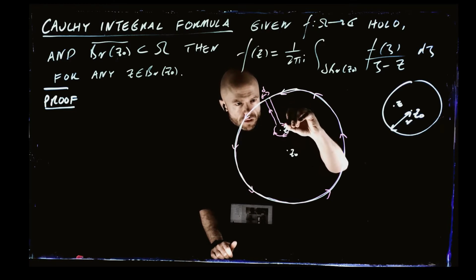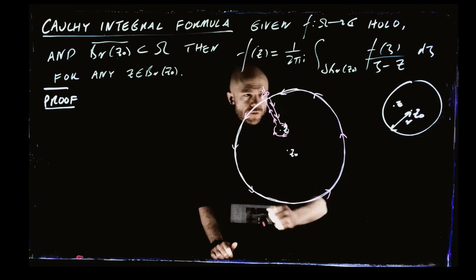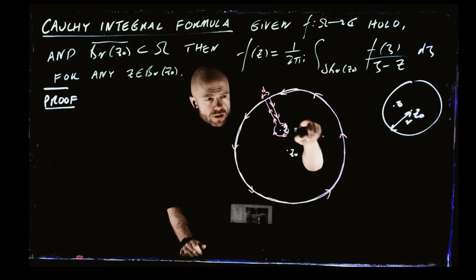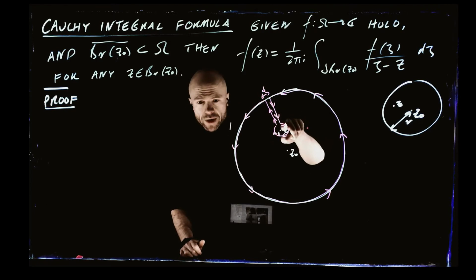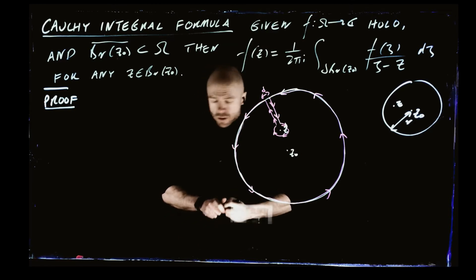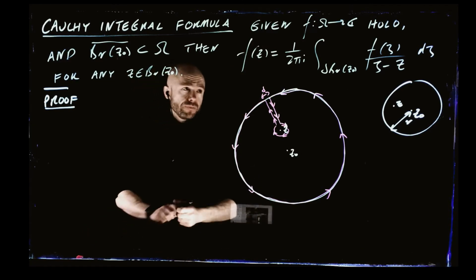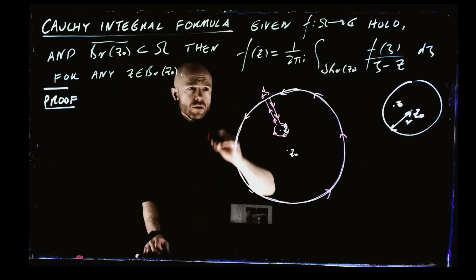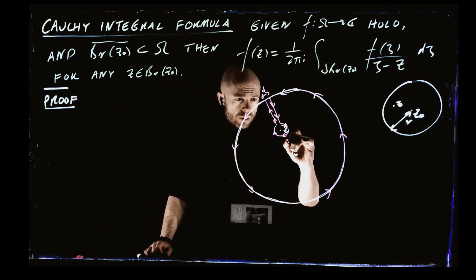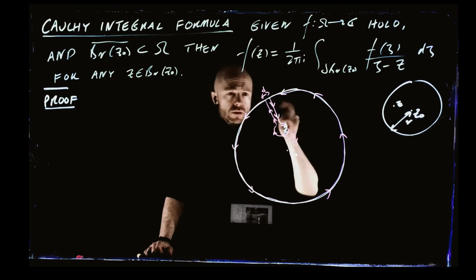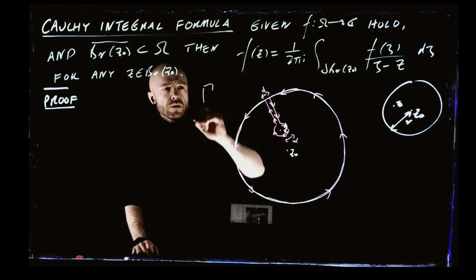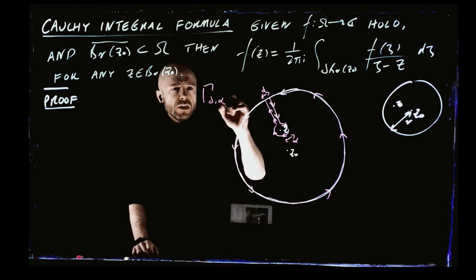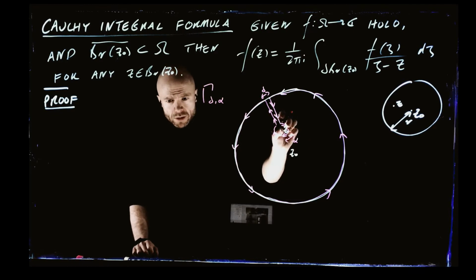Let's write this way around. All right, so notice that we're going anti-clockwise around the bigger circle, and then we end up going clockwise around the smaller one. Cool. All right, so the keyhole contour will be denoted by gamma of delta alpha, where alpha is the width of the small little circle here.